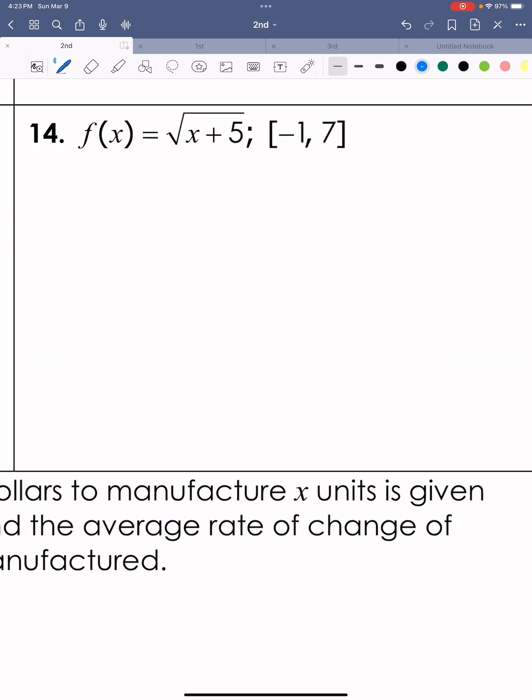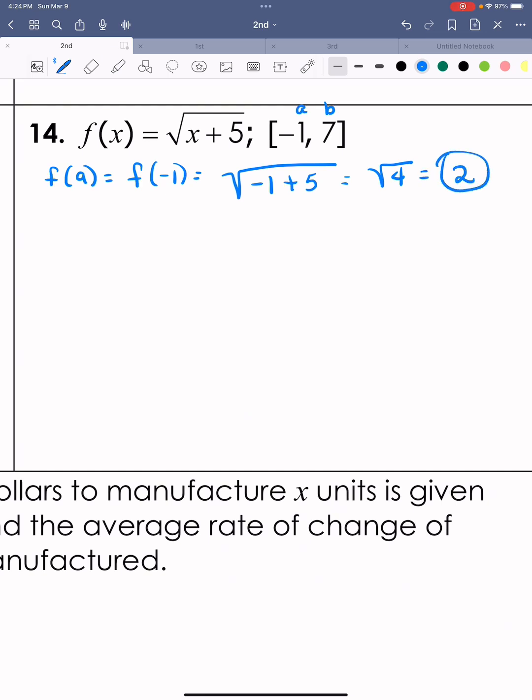Okay, number 14. Here's A and B. So first let's find f of A, which means find f of -1. So that is going to be the square root of -1 plus 5, which is the square root of 4, which reduces down to 2.